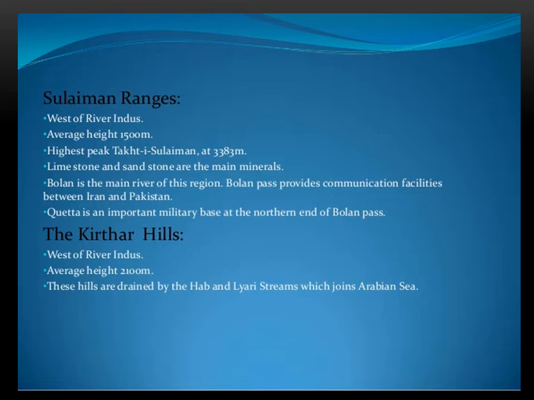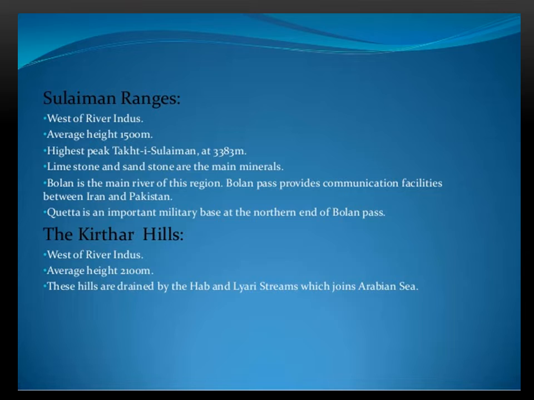The next range is Suleiman Ranges. In the south of the Gomal River lies the Suleiman Mountains. It runs southwards for a distance of about 300 miles. Its highest peak is known as Takht-e-Suleiman, whose height is 11,100 feet above sea level.